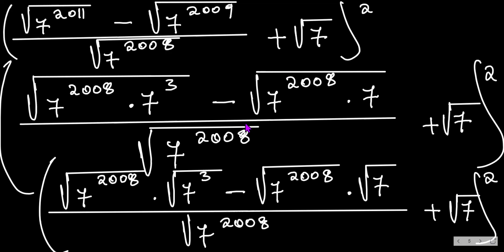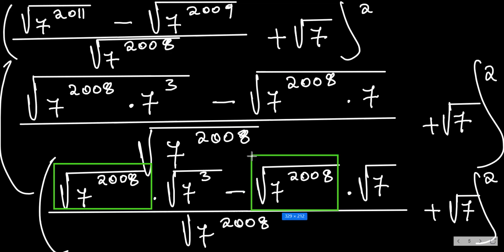Now we can take out a common factor in the numerator, which is square root 7 raised to the 2007. Why do we need to take it out? So that it can cancel out with the 1 in the denominator. That's the whole point. So let's do that. Now we take out square root 7 raised to the thing.